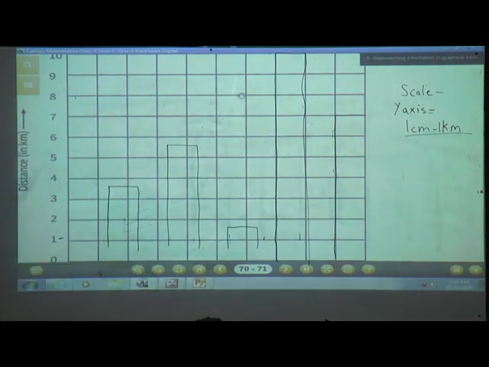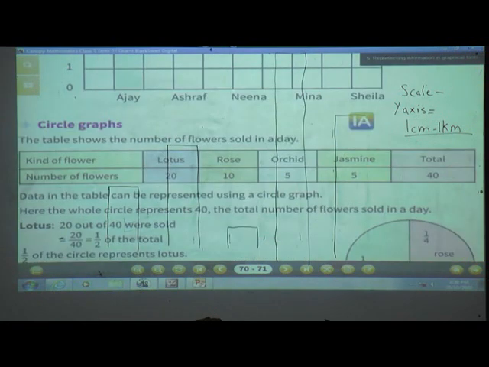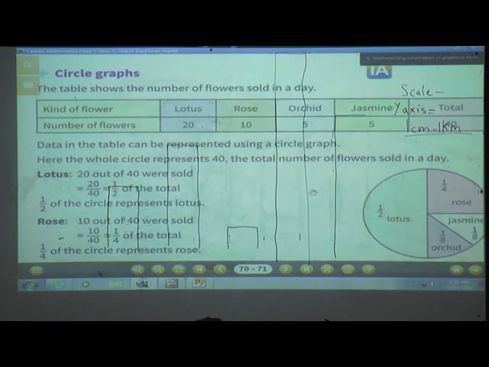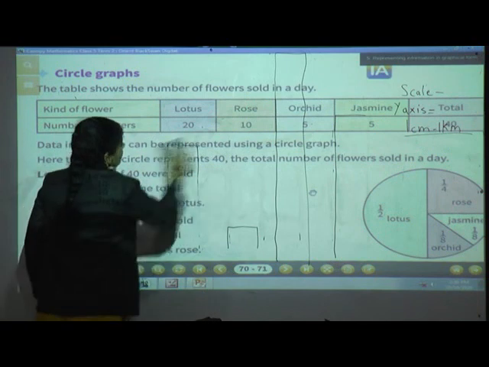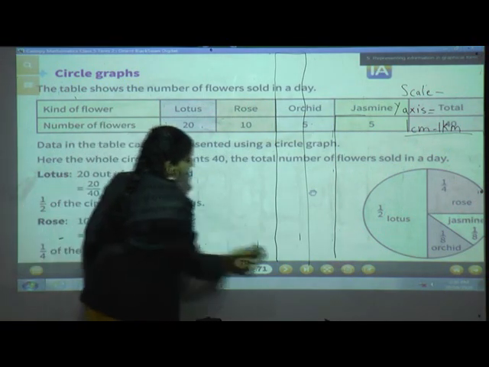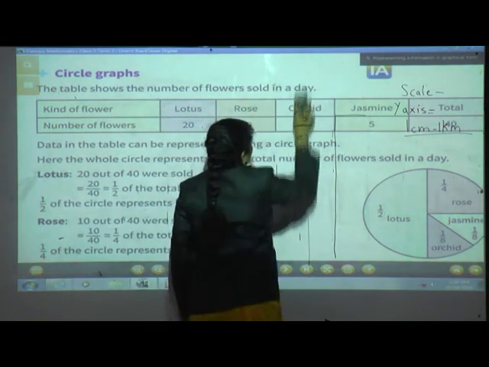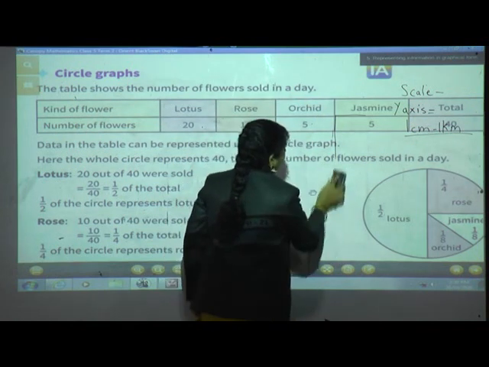So all of you understood how to draw a bar graph? Yes. Now students, see our next point, circle graph. Here the table shows the number of flowers sold in a day. Read the information. Circle graph.